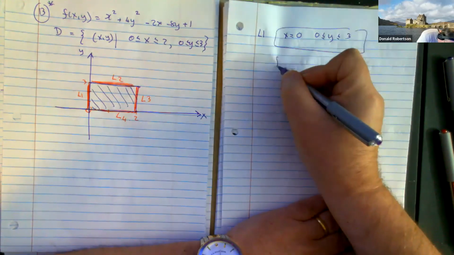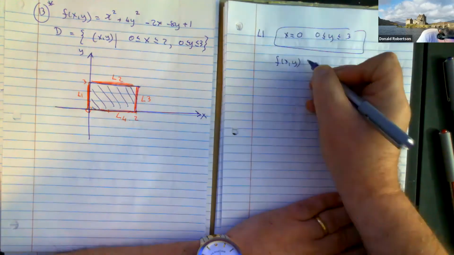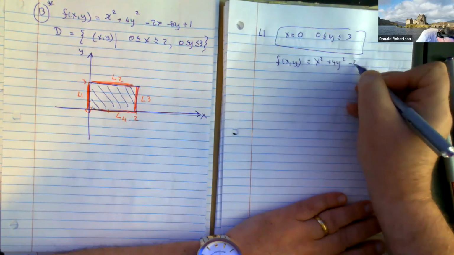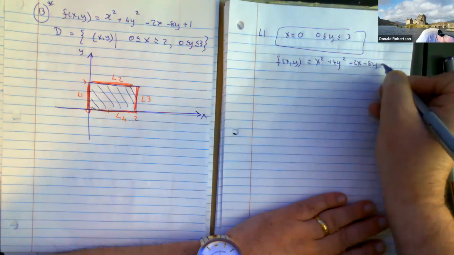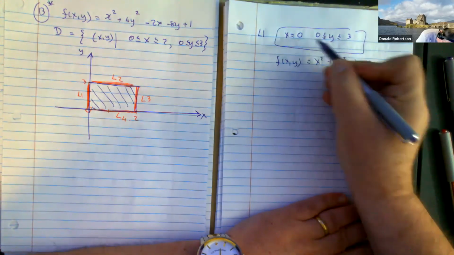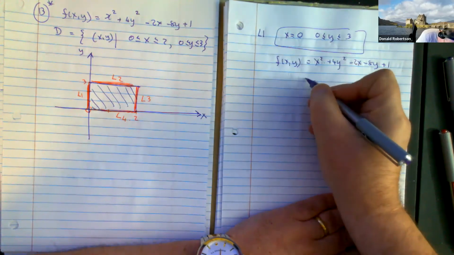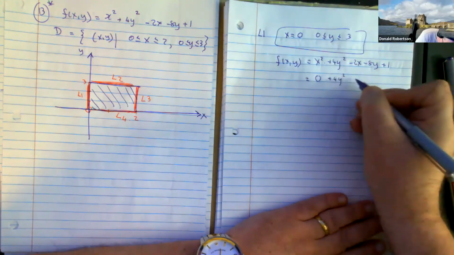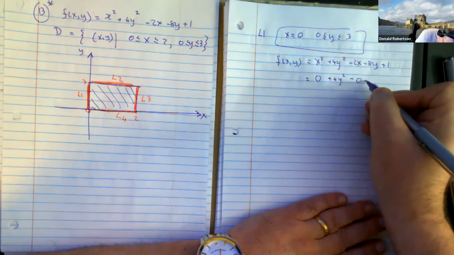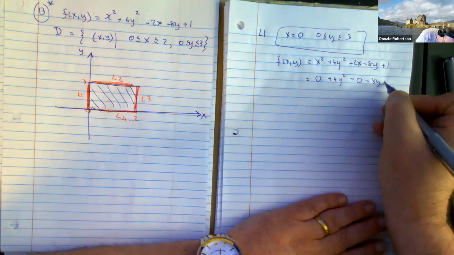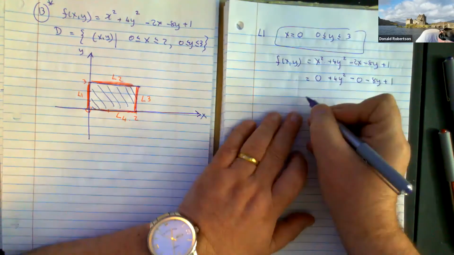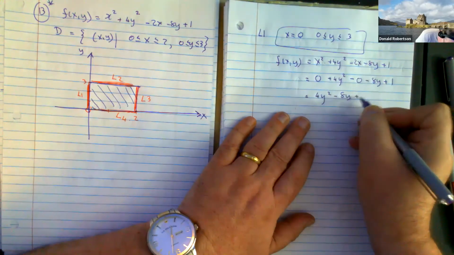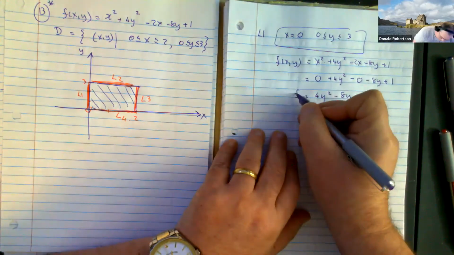Now the function that we're dealing with, which is this guy, if you plug x equals 0 in, which is the most obvious one to use, you get 0, you get 4y squared, you get 0, you get negative 8y, and you get 1. And that becomes 4y squared minus 8y plus 1. So far, so good.